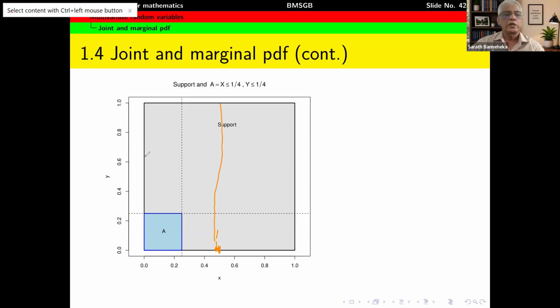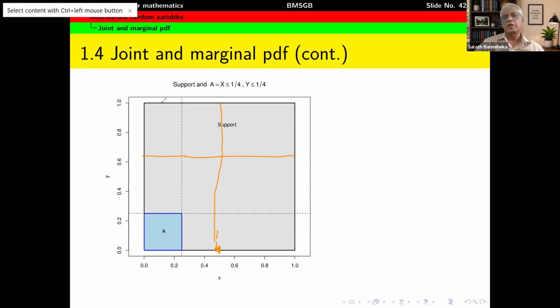Similarly, to get the marginal density function of y at a particular y, I have to integrate with respect to x, and x will be changing from 0 to 1 again. So it's easy in this case.